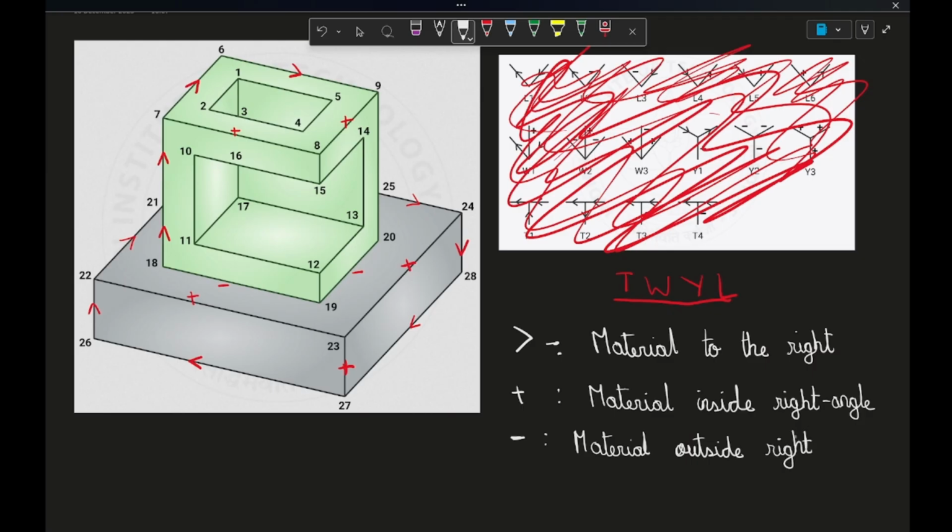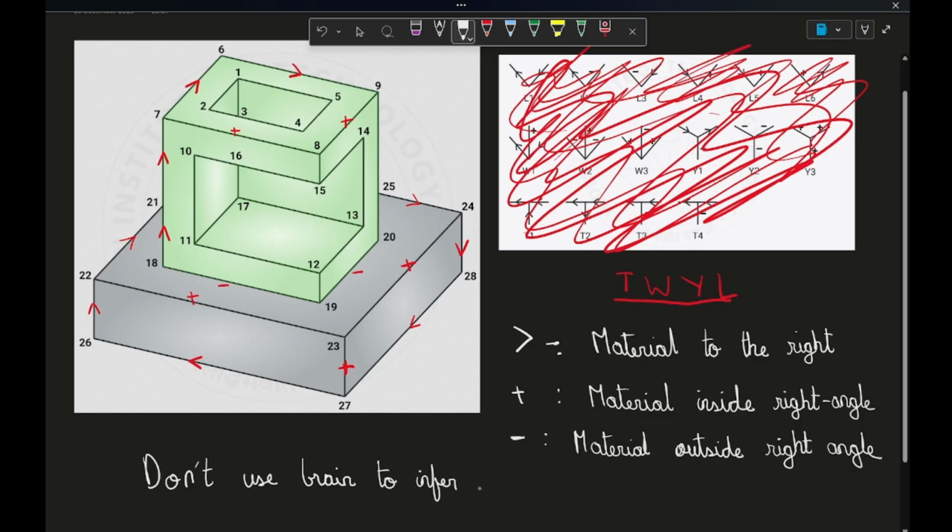Another thing to note here is that don't use your brain, don't try to infer faces that you can't see, and angles you can't see.